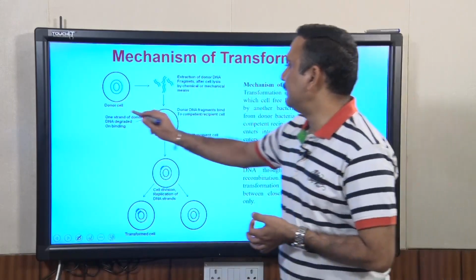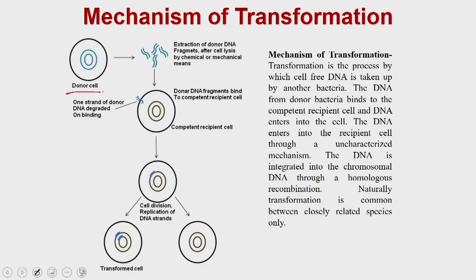You have a donor cell, okay. So, the donor cell is giving the DNA or the recombinant DNA. These recombinant DNA are going to the membrane. These DNA could be fragments which will be coming out from these donor cells by cell lysis, either by chemical or mechanical means.